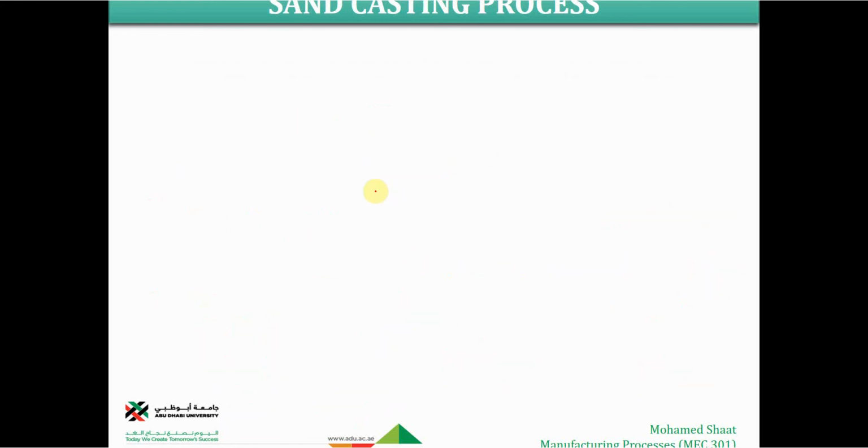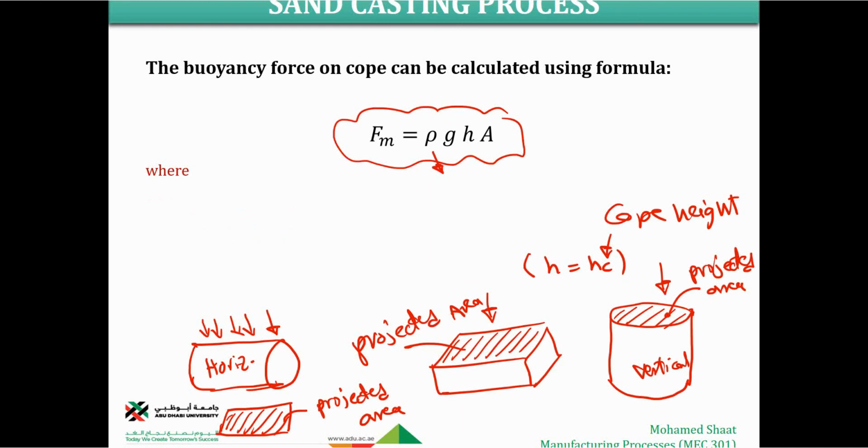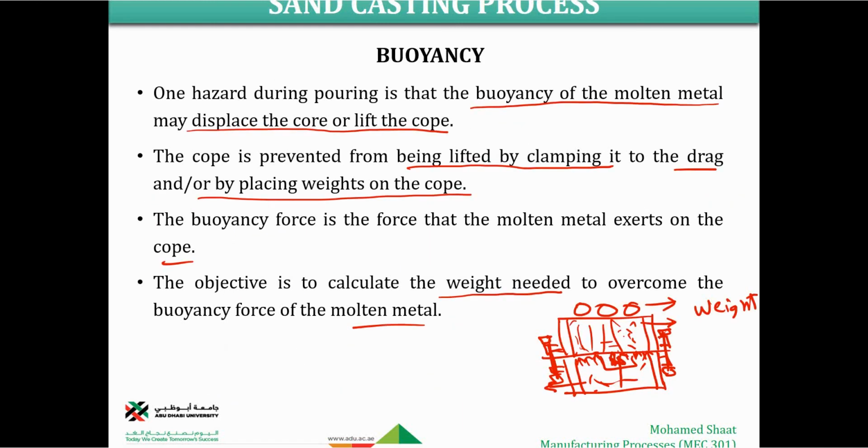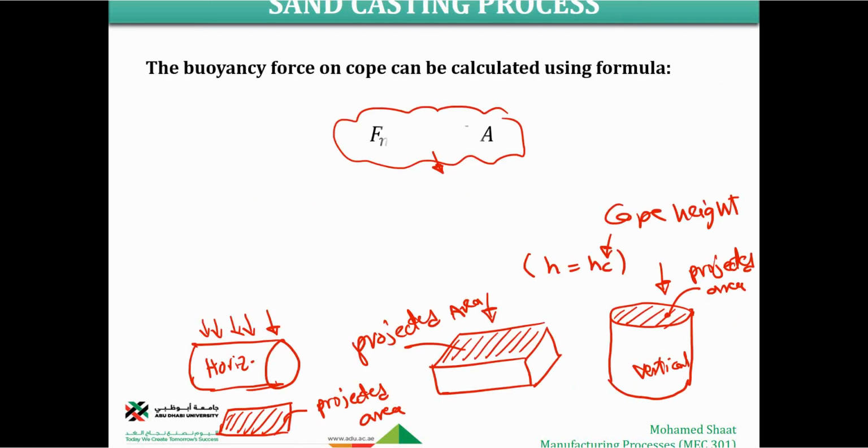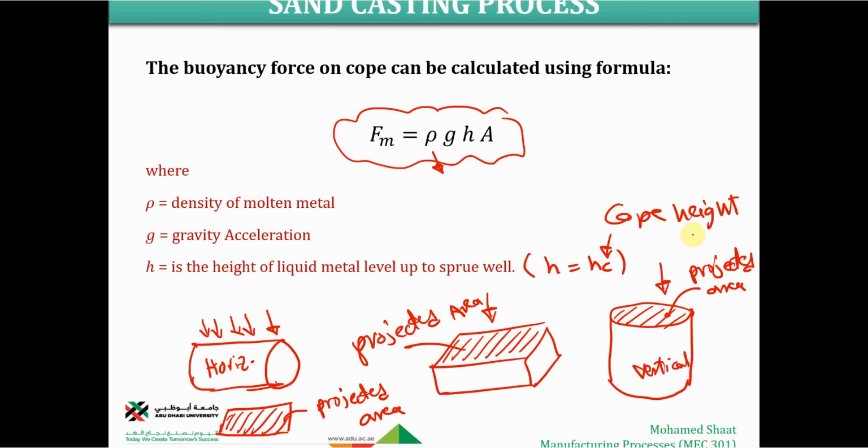If we are asked to calculate the weight needed on top of the cube to prevent lifting of the cube by the buoyancy force, we have to do some calculations in terms of the mechanics of the model.